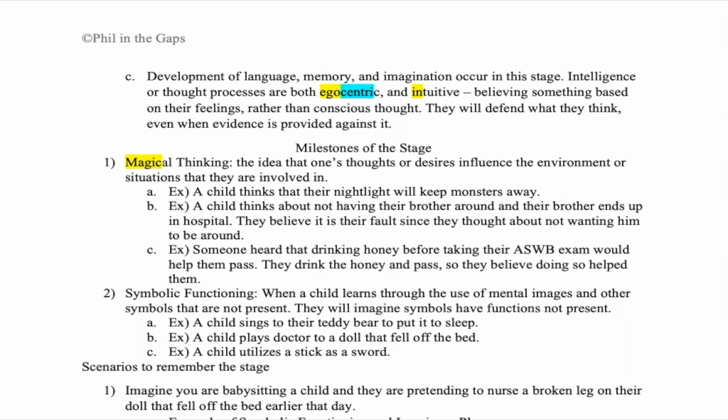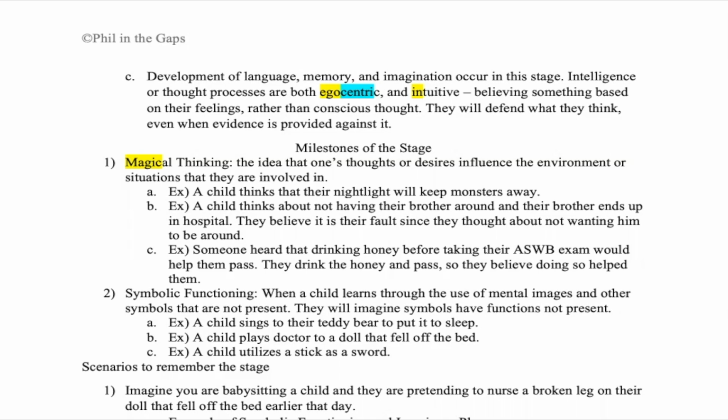Again, drinking honey before taking the ASWB exam has zero correlation on whether you're going to pass or not. But magical thinking is, if you drink the honey and pass, you start telling everybody, drink the honey because it's going to help you destroy the exam. Magical thinking. You believe that your thoughts or objects have magical powers based on you thinking that they do.